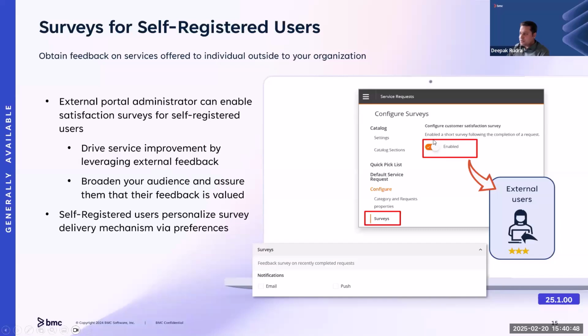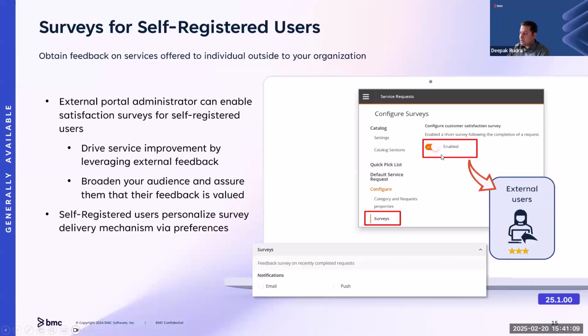So all services from DWP catalog, the ones that are migrated, in hybrid mode, or authored natively in DWP catalog, will support this satisfaction survey. The satisfaction survey will come out from DWP catalog, the survey that you create in DWP catalog. You can have a simple survey or a complex, custom survey that you create.